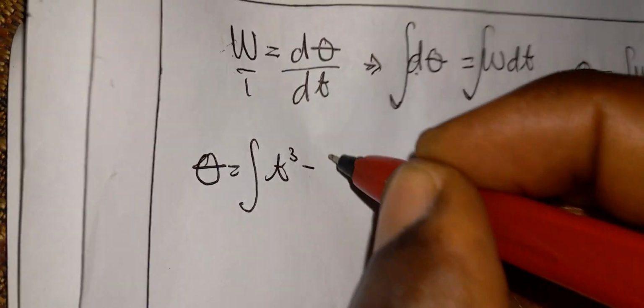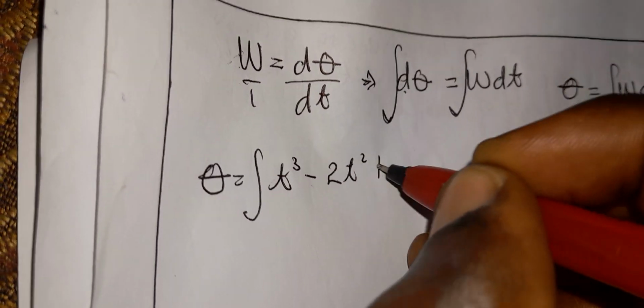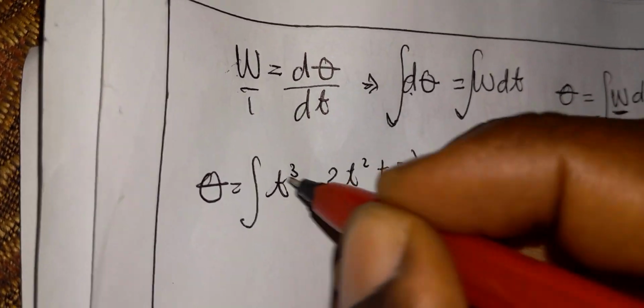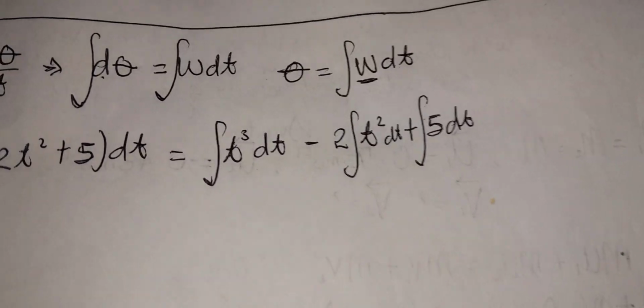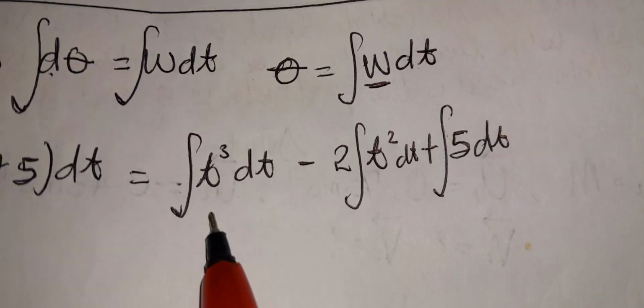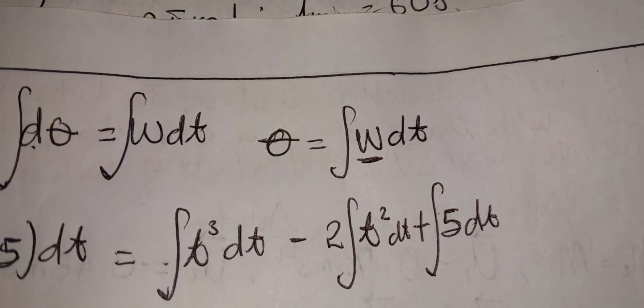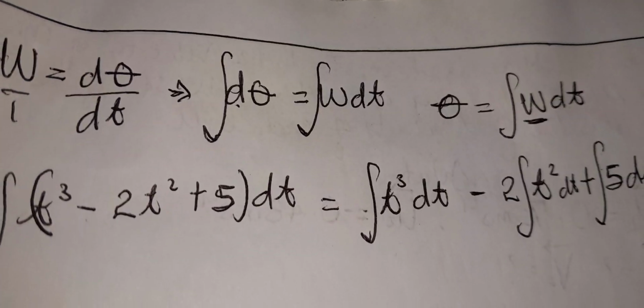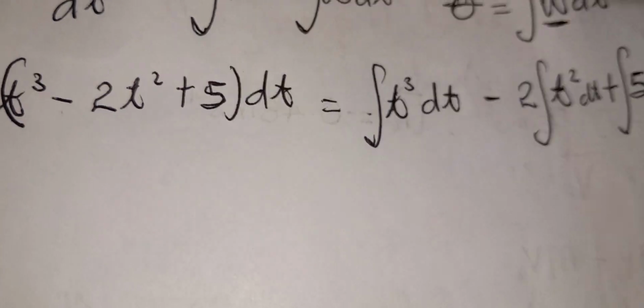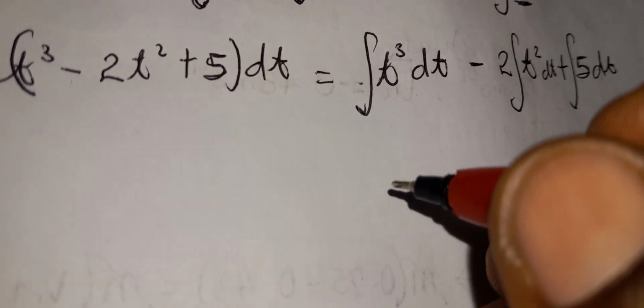So I'll just plug in the value: the integral of t to the power of 3 minus 2t squared plus 5 dt. I will be splitting each and every one of them. Someone will be asking, is it necessary to split it? No, it's not necessary. We can just go straight ahead from here and find the integral. I'm just doing this so that I can explain further.